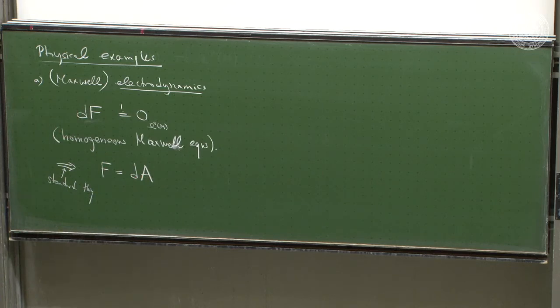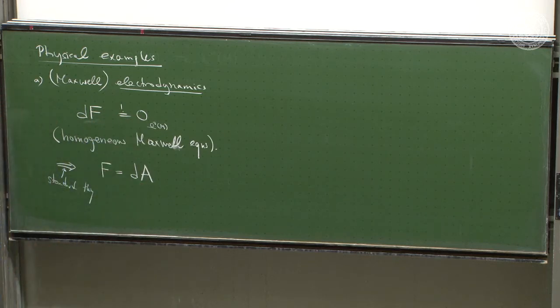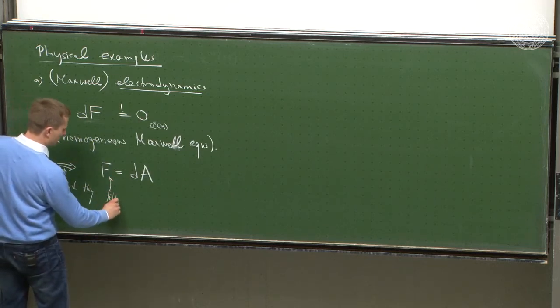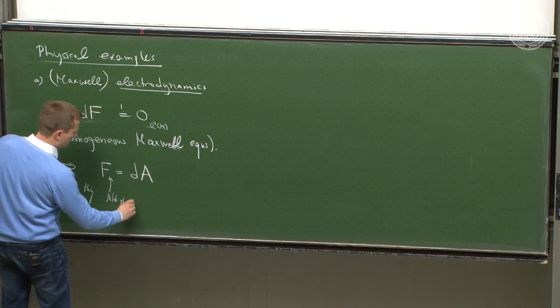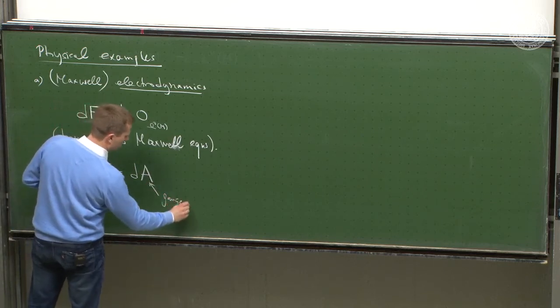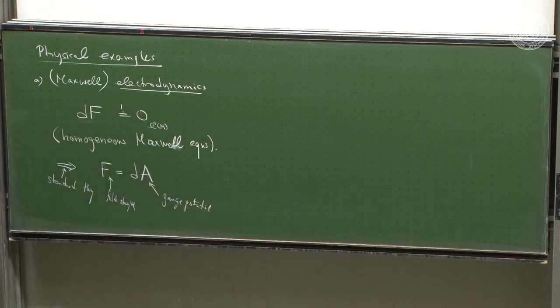So F is a 2 form, and now this can be written as dA. If F is called the field strength, then A is called the gauge potential, or simply the potential. Now, what I would like to draw your attention to is this implication arrow.